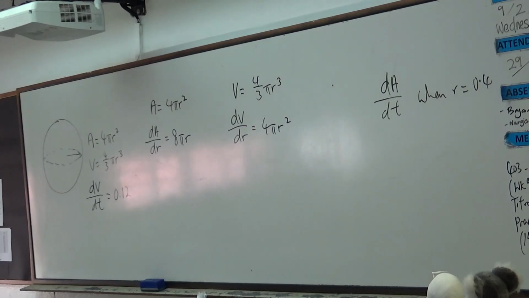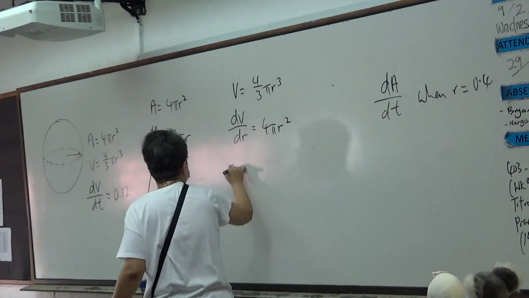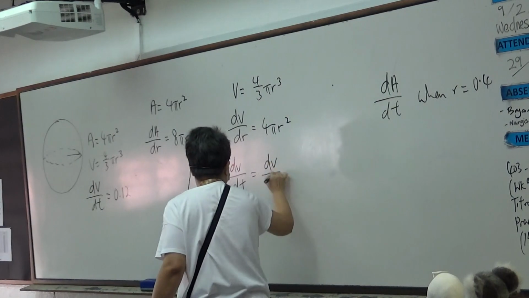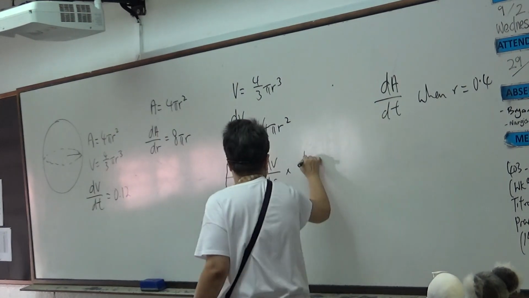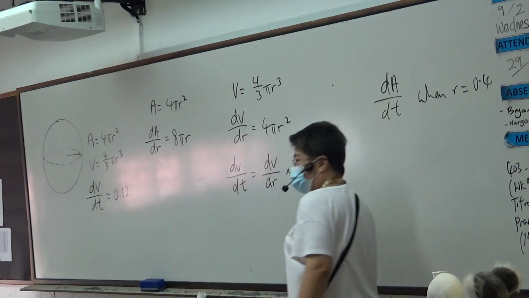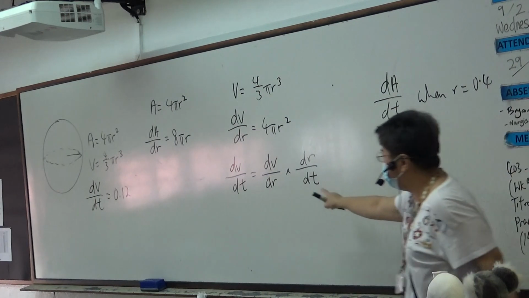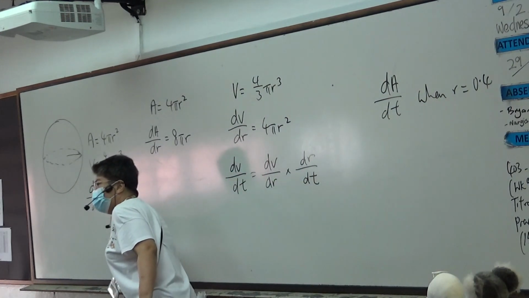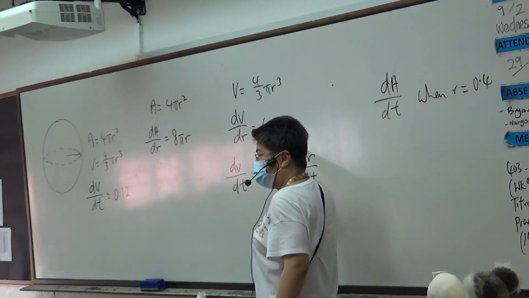Now, you know that dV/dt must be dV/dr times dr/dt, right? Do you agree? By chain rule, can you see? This one holds. We know this one because the question says. Agree? Then we know this one.